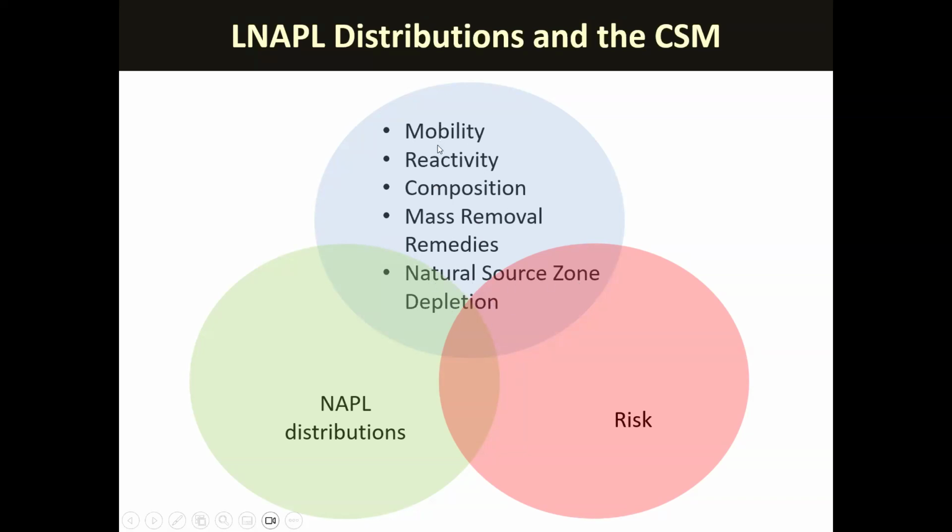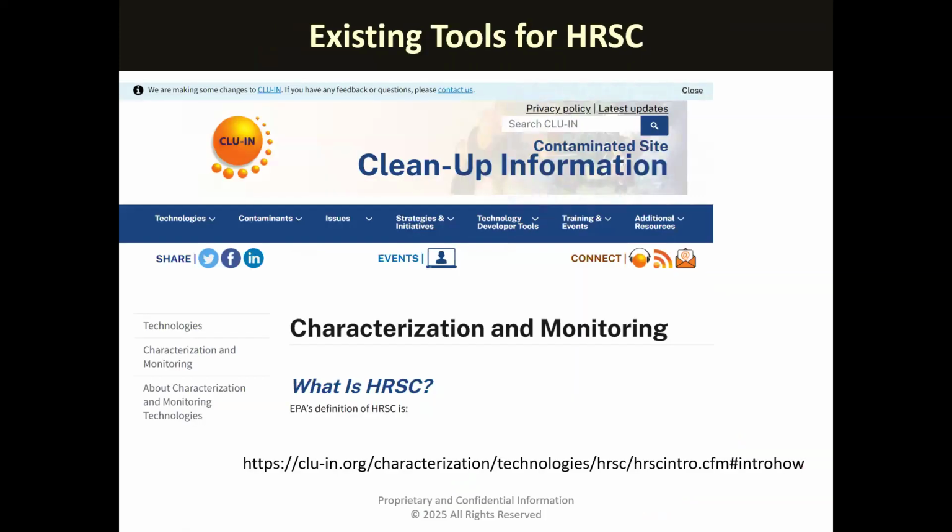Well, it turns out that all of these are directly related to how the NAPL is distributed in the ground. So understanding your vertical L-NAPL distributions and how they change is very important for the conceptual site model.